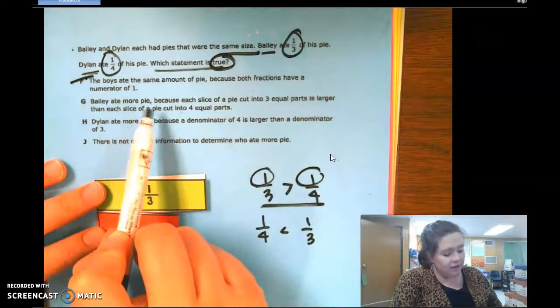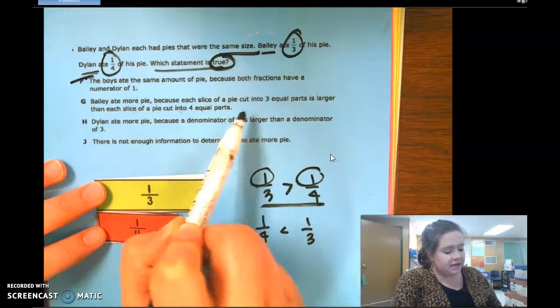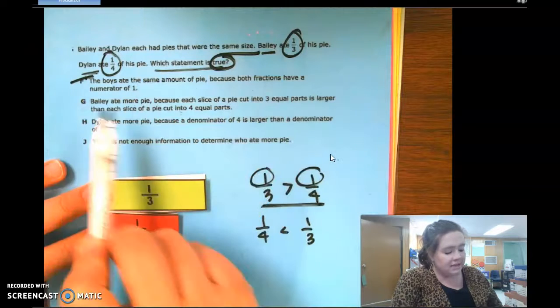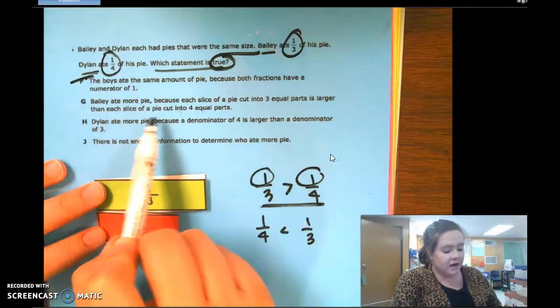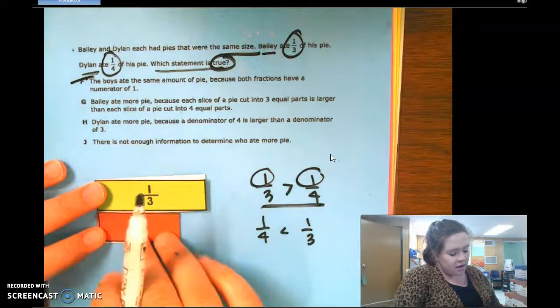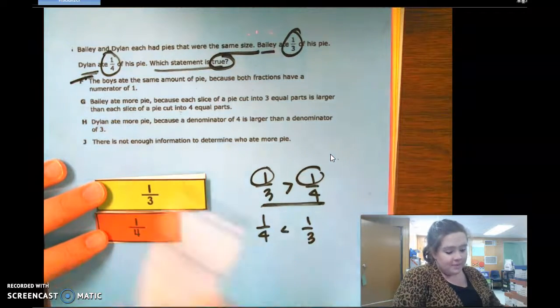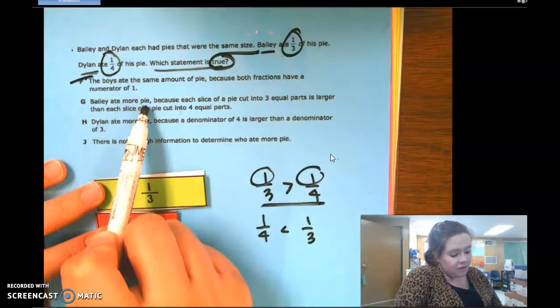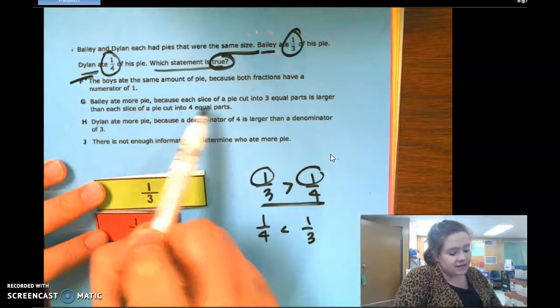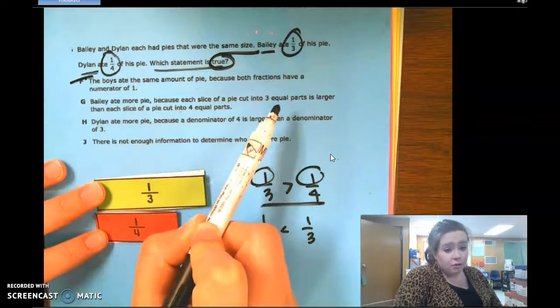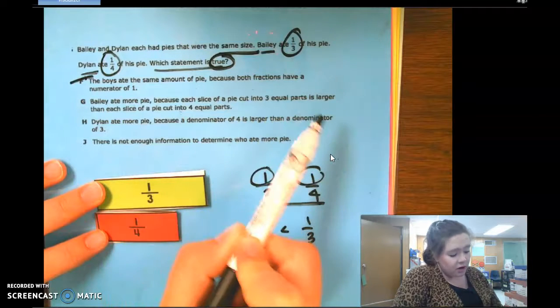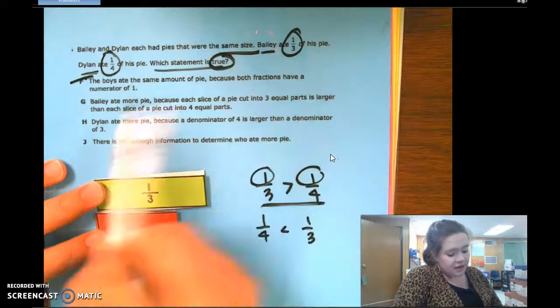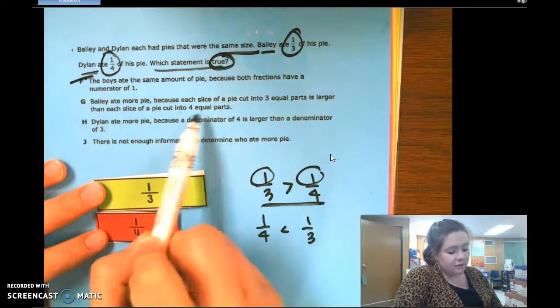Bailey ate more pie because each slice of a pie cut into 3 equal parts is larger than each slice of pie cut into 4 equal parts. Let me read that again. Bailey ate more pie because each slice of pie cut into 3 equal parts is larger than each slice of pie cut into 4 equal parts.